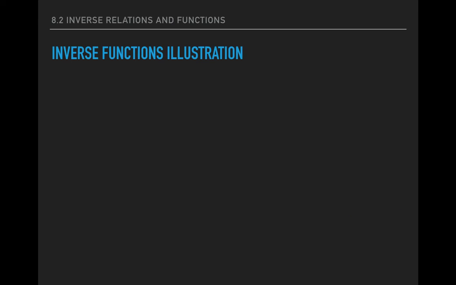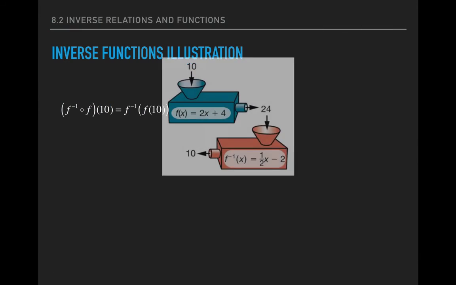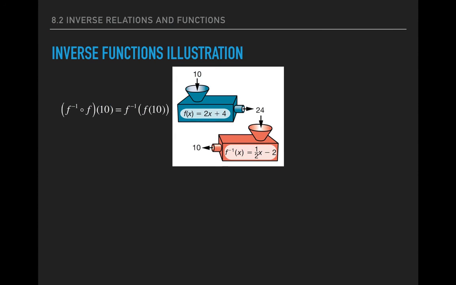So let me show you with an illustration. Let's say that you have the composition here. We're working with f inverse of f at 10. I've just rewritten that. That would look like this.